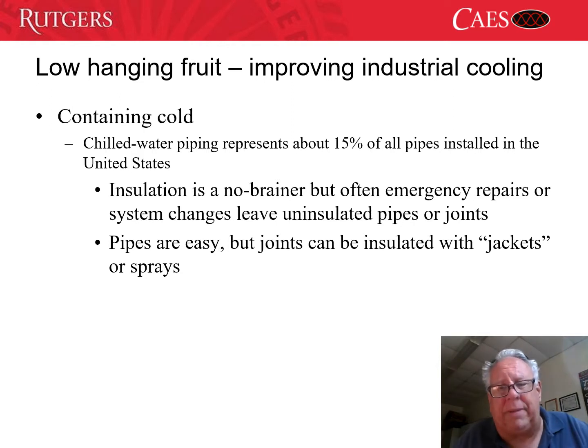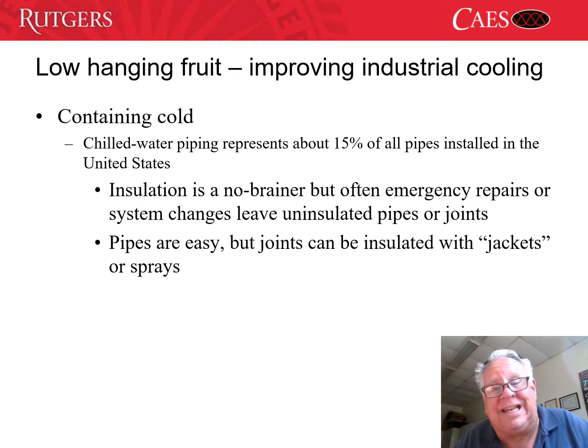We understand a little bit about how chilled water systems work. So let's talk about some of the low-hanging fruit, the easiest things to do in industrial cooling improvements. And the first is obviously to contain the cold. This is cold water you're passing through your plant, which otherwise is probably making a lot of heat. So you want to separate cool from hot. And it's significant. It's 15% of piping.